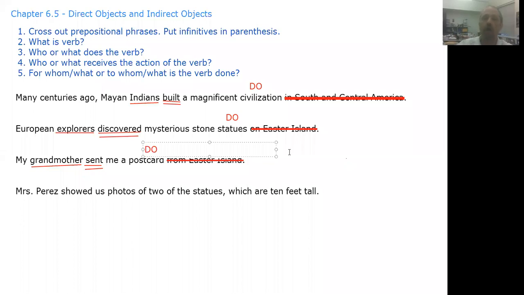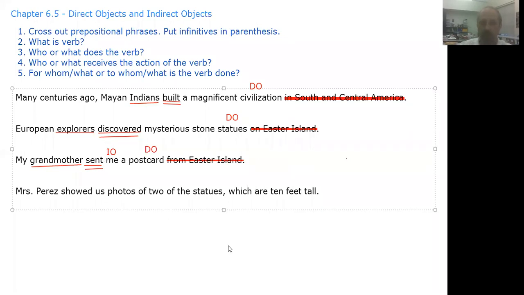Direct object. To whom did she send the postcard? To me. That is my indirect object. Boom. Notice the order here. The indirect object will almost always come between the verb and the direct object. Almost always. I've got the verb, I've got the direct object, and in between them is the indirect object.